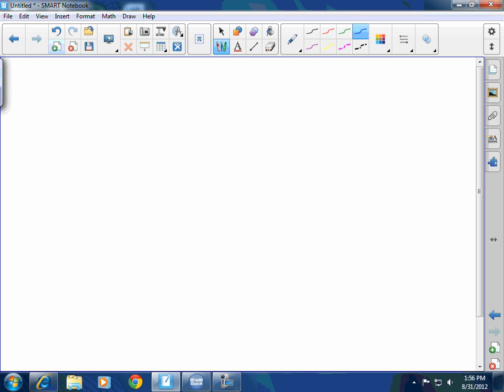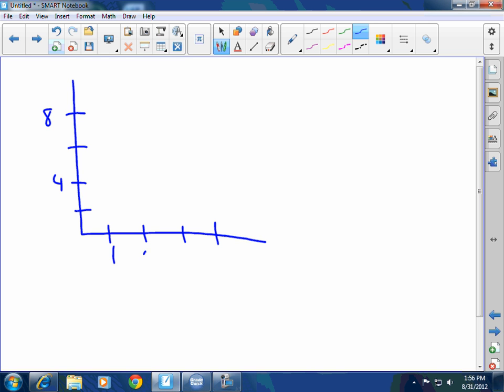Number 3. Okay, it gives you the following graph, and you've got, goes by 2s. This is 8, and then this bottom part goes by 1s. Of course, you can see this much better on your quiz.